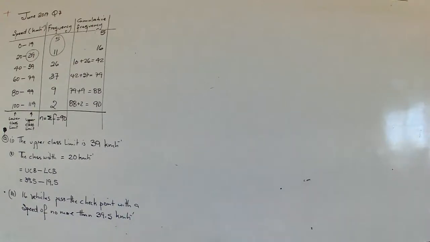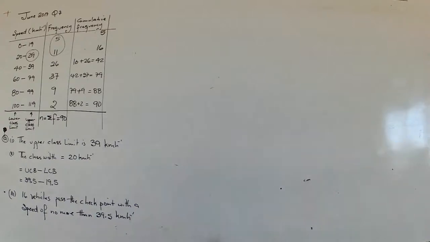Next, we're asked, using a scale of 2 centimeters to represent 20 kilometers per hour on the x-axis, and 2 centimeters to represent 10 vehicles on the y-axis, draw the cumulative frequency curve to represent the information on the table.